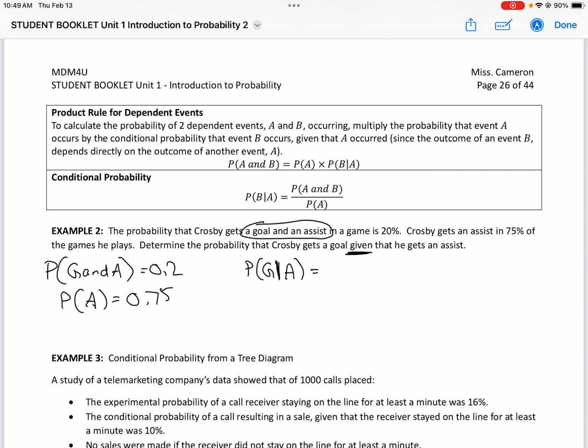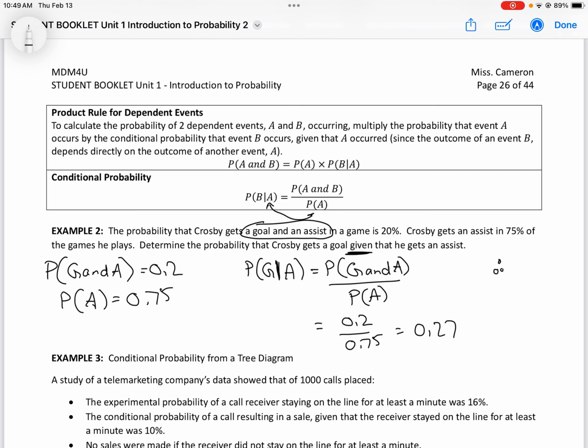I always remember this as whatever I'm given is going to be the denominator. So we're going to do goal and assist in the numerator over the probability of an assist. That's what we're given. So we're going to go 0.2 divided by 0.75, and we get 0.2666, so 0.27.